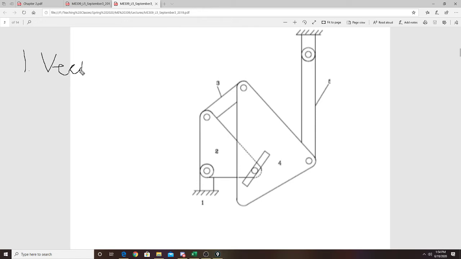I think everybody remembers how we do these. Two is knowns and unknowns. Three is the vector equation.